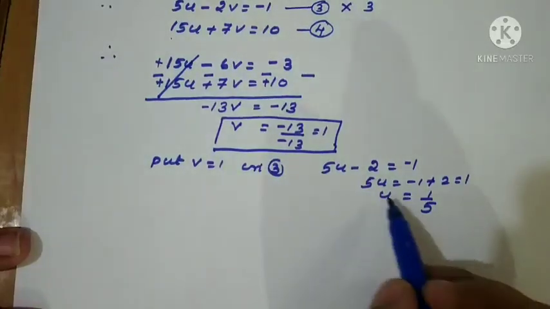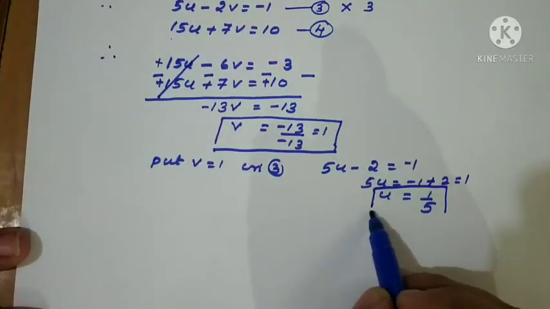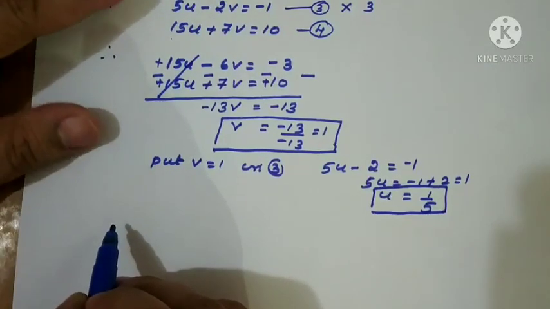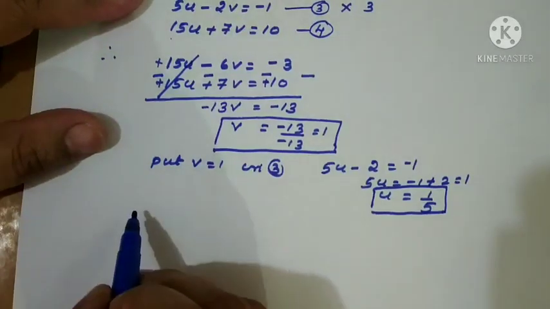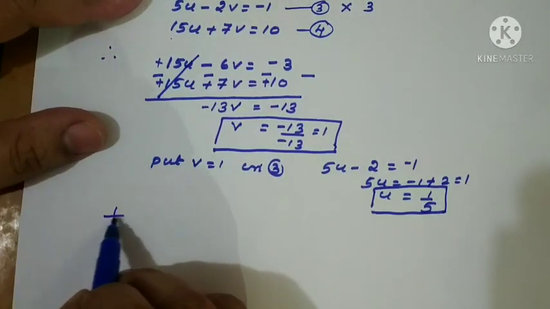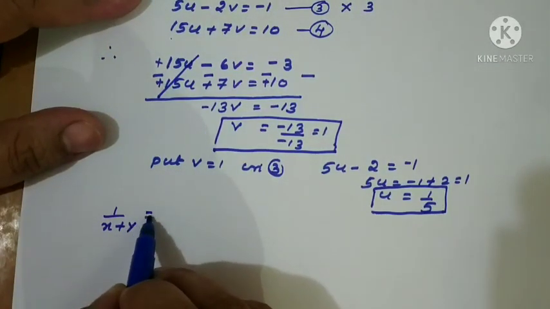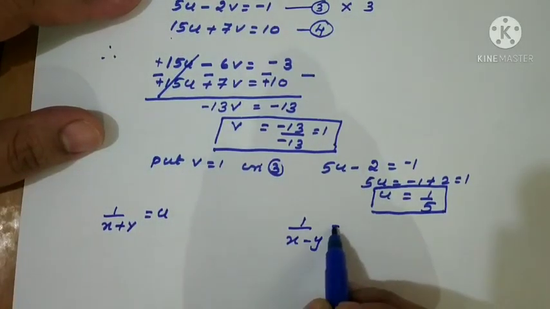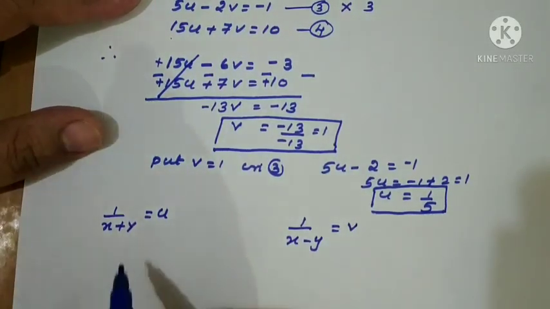Now we got v = 1 and u = 1/5. What is our u? 1/(x+y) = u and 1/(x-y) = v.